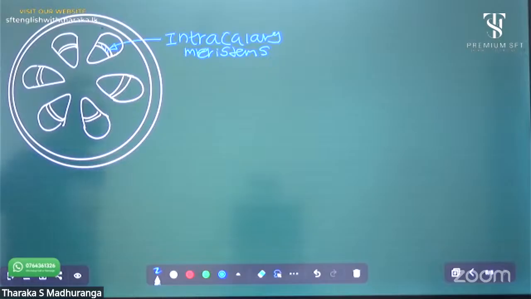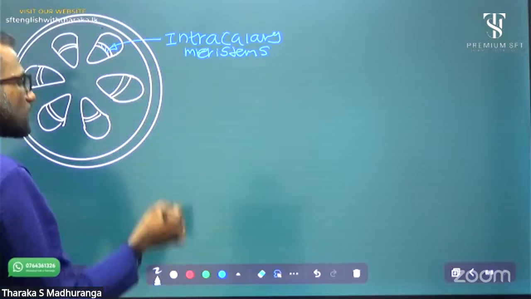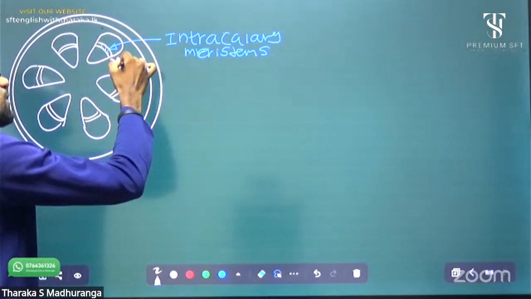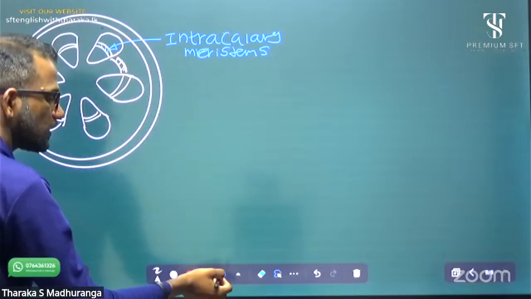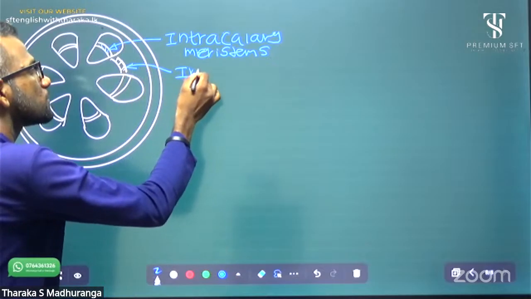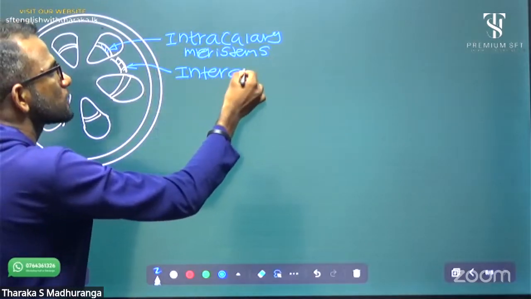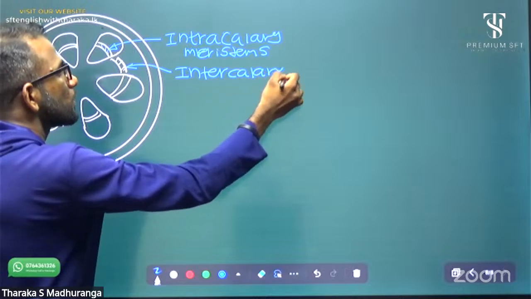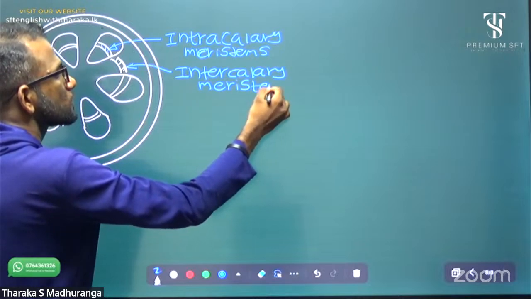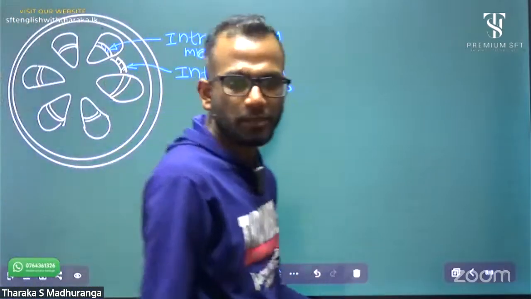Now, between these vascular bundles, they also contain some meristems that we called intercalary meristems. Between, right? Intercalary meristems and intracalary meristems.